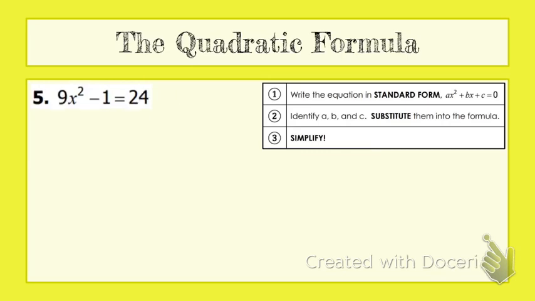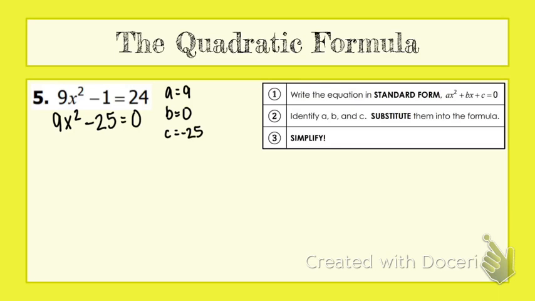So here is another one, and we have to move the 24 over. So we subtract 24 from both sides, and that gives us 9x squared minus 25 equals 0. And we know that A equals 9, B equals 0 because we don't have a B term. And then C equals negative 25.